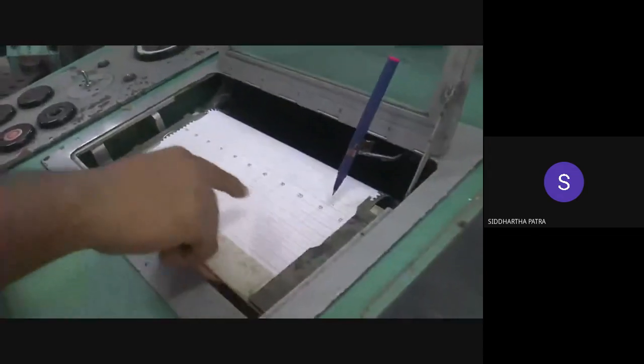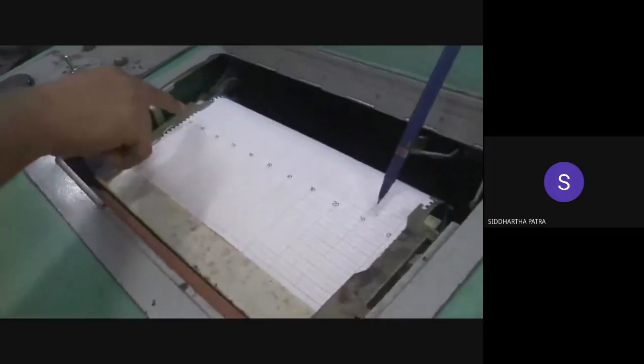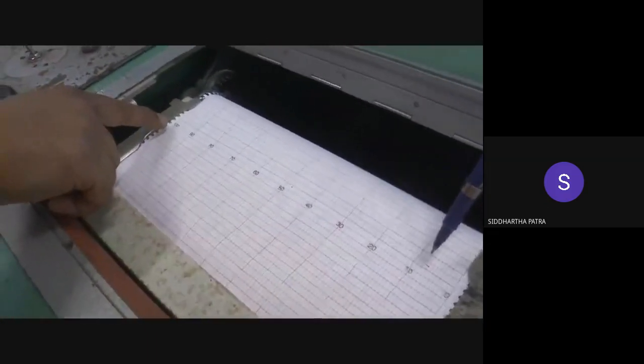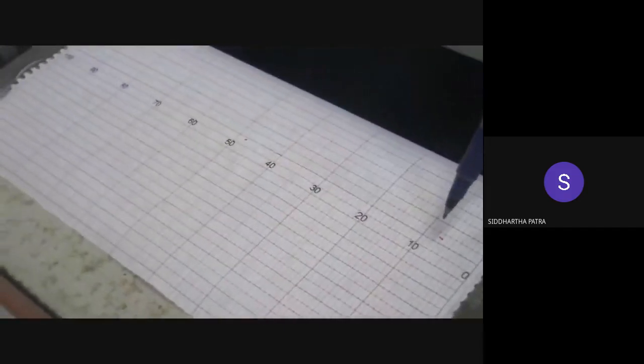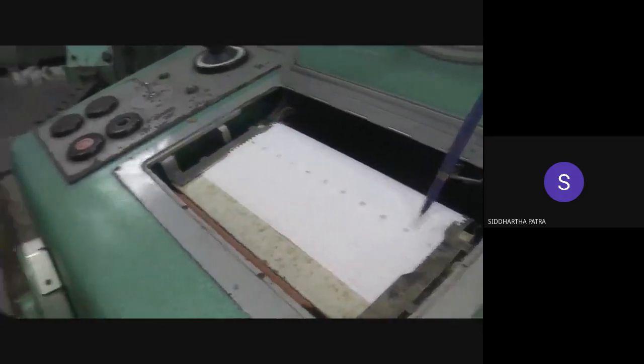As the loading happens, we would be generating a graph. The y-axis is basically the load in kilonewton. You see the maximum value is 100 kilonewton, and the x-axis, so it would be rolling in this way, would be your elongation. So the load versus deflection curve we will also generate through this graph. Now we'll attach the extensometer.